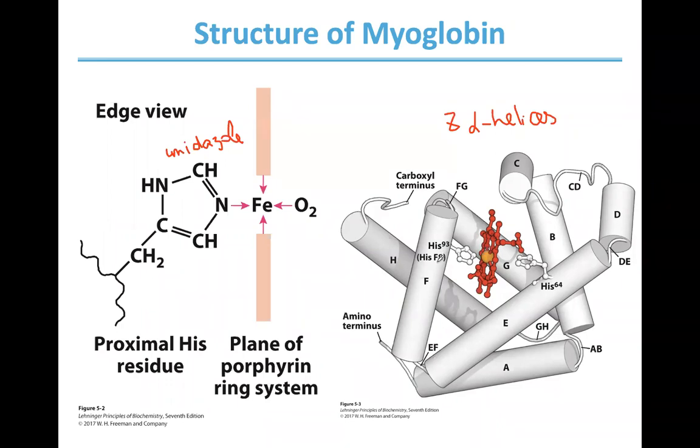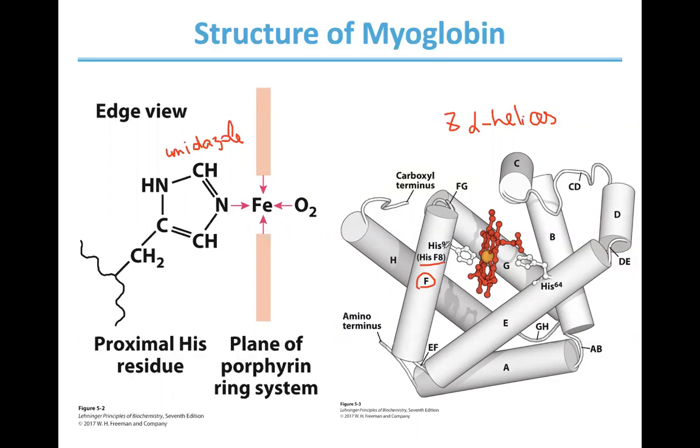Now you can name this as histidine F8, which means that this histidine is located on alpha helix F, and it's the number 8 amino acid from the amino terminus of this segment.